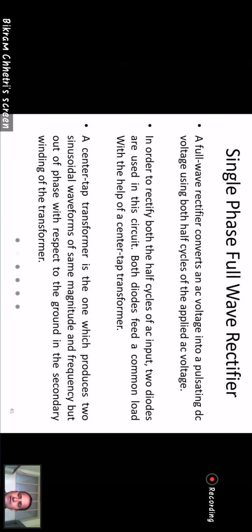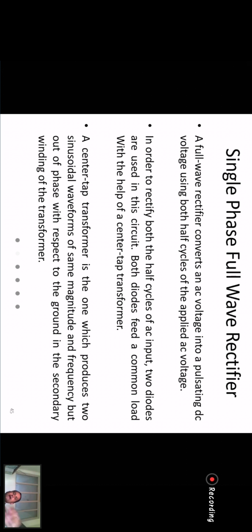The difference is that two diodes are used, in order to rectify both half cycles, and the two diodes feed a common load. The load is commonly fed with the help of a center tap transformer, in the first case, the center tap full wave diode rectifier.